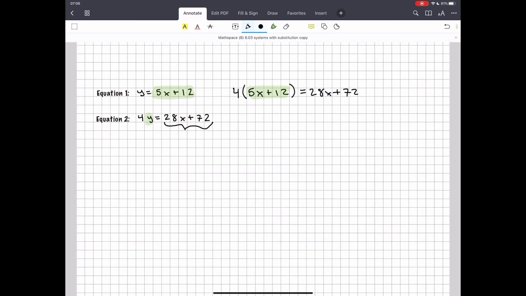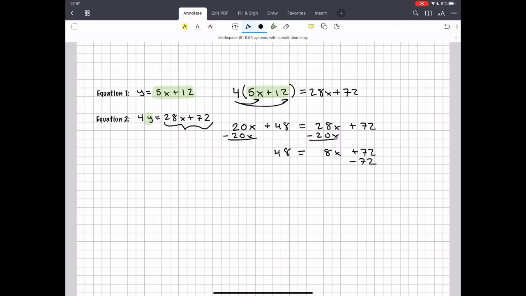Now we're going to go ahead and simplify and solve. So here we're going to have to do distributive property. So there's 20x plus 48 equals 28x plus 72. I'll subtract 20x from each side. That leaves me with 48 equals 8x plus 72.